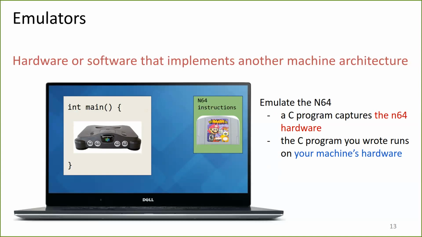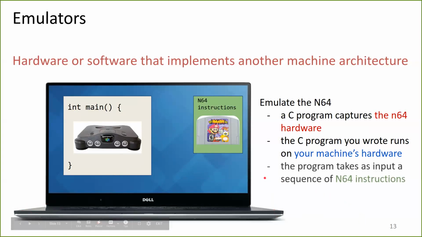But without a game, this emulator won't do anything interesting. Just running this program by itself is like turning on the N64 with no cartridge in it. So the question is, how can I provide a game if I can't hook up a physical cartridge to this machine somehow? Well, the cartridge simply stored instructions for the N64 hardware to execute.